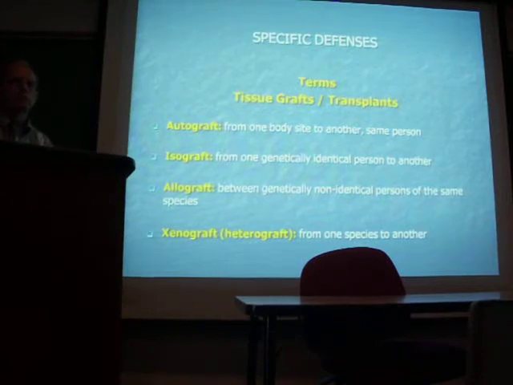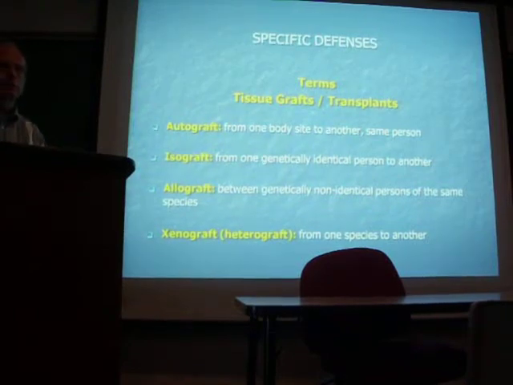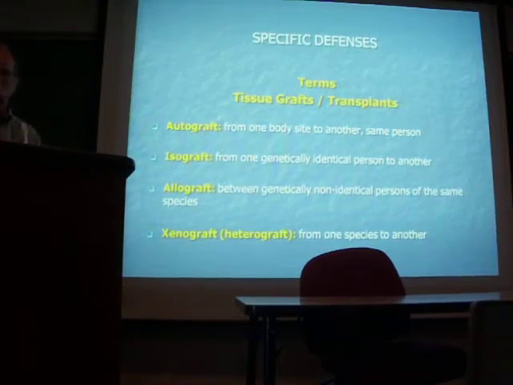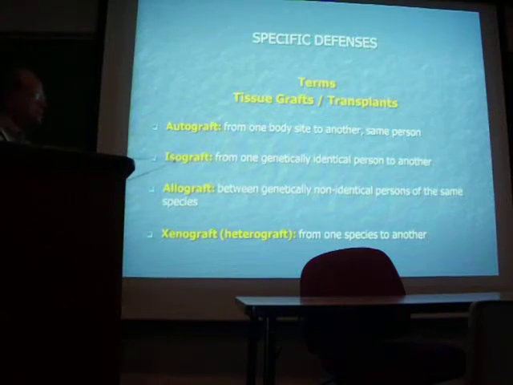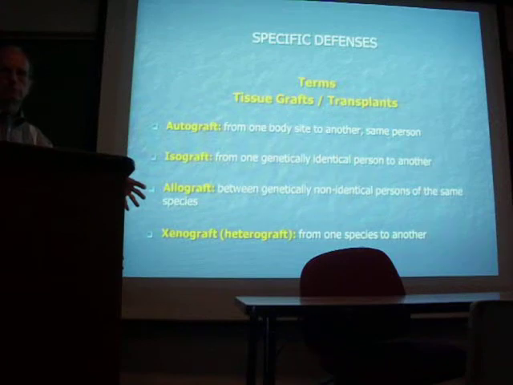So someone who has a burn, significant burn, deep, third degree, that needs a skin graft, we can take skin from somewhere else on that person and graft it to that site once it's cleaned up and ready for a skin graft. That's an autograft. An isograft is the transfer of tissue from one member to an identical member, like identical twins.